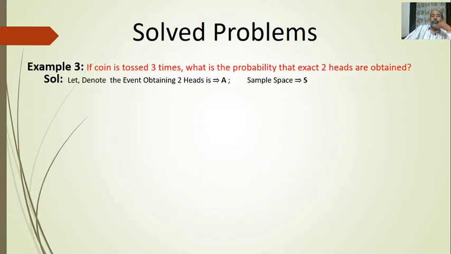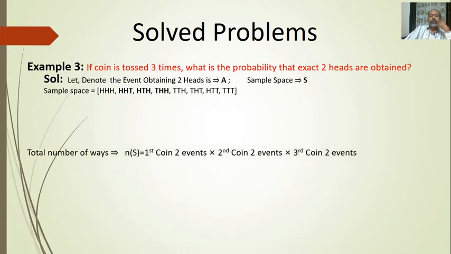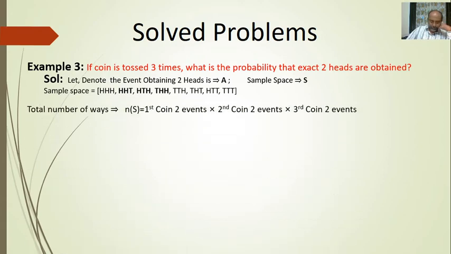We'll take up another problem which requires the sample space as well as the required probability. If a coin is tossed 3 times, what is the probability that exactly 2 heads are obtained?